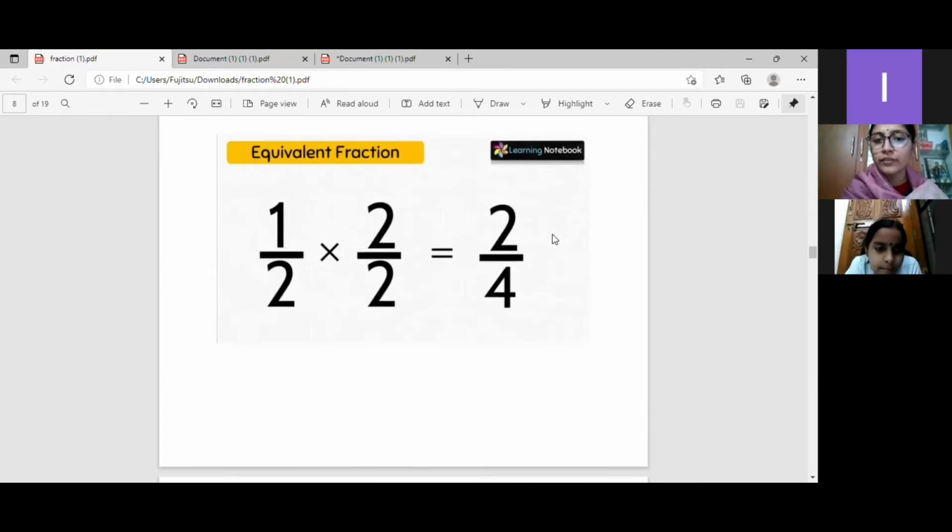Ma'am, I have a doubt in a problem sum. It is 11 by 121. If I divide it with any number, like 2 by 2, 3 by 3... You have to divide by a certain number that both numbers are divisible by. Is 11 divisible by 3? No. Can you divide by 4?